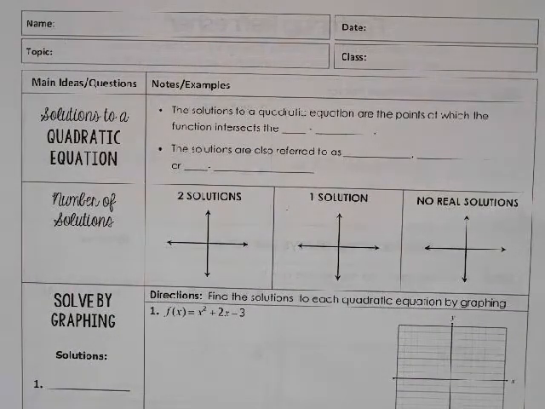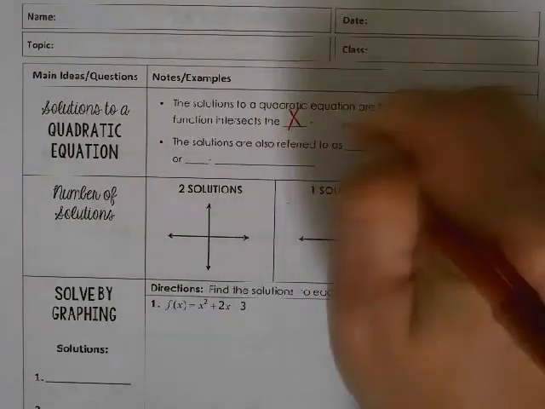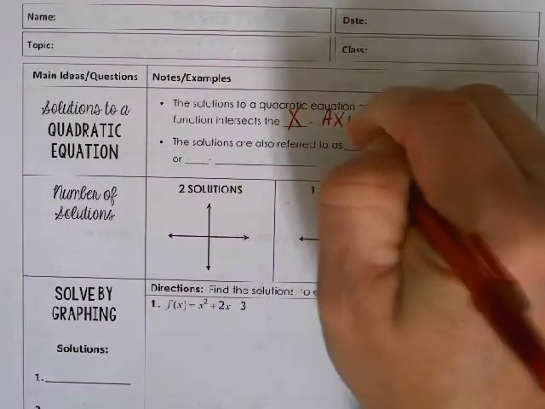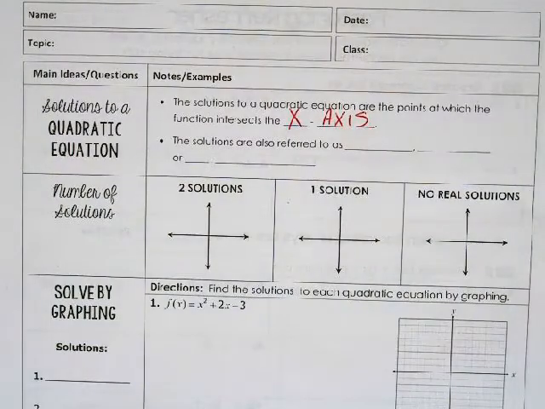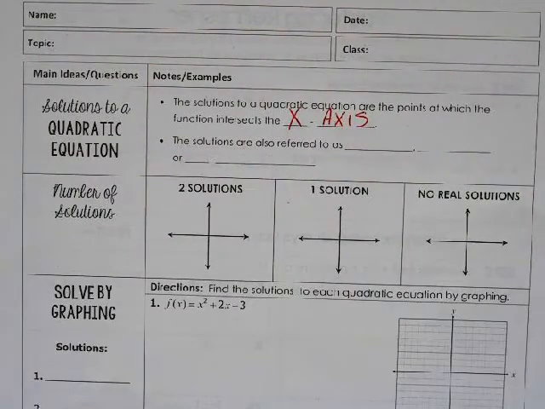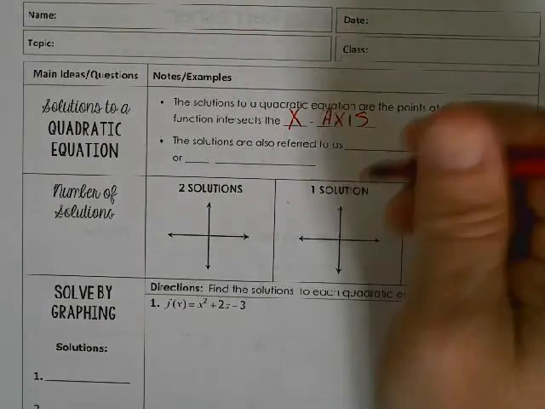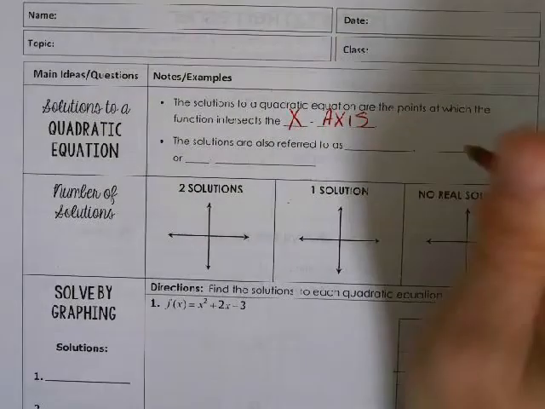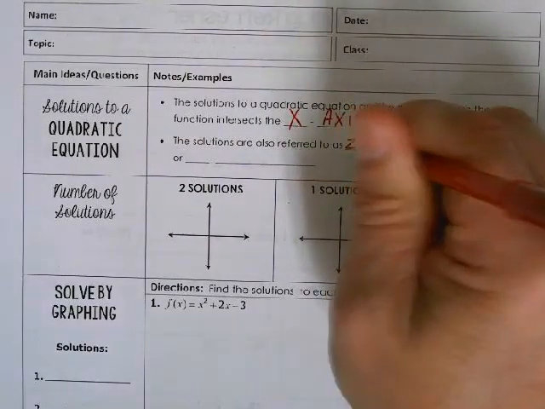The solution to quadratic equations are the points at which each function intersects the what? X-axis. Very good. The solutions are also referred to as what? Zeros.